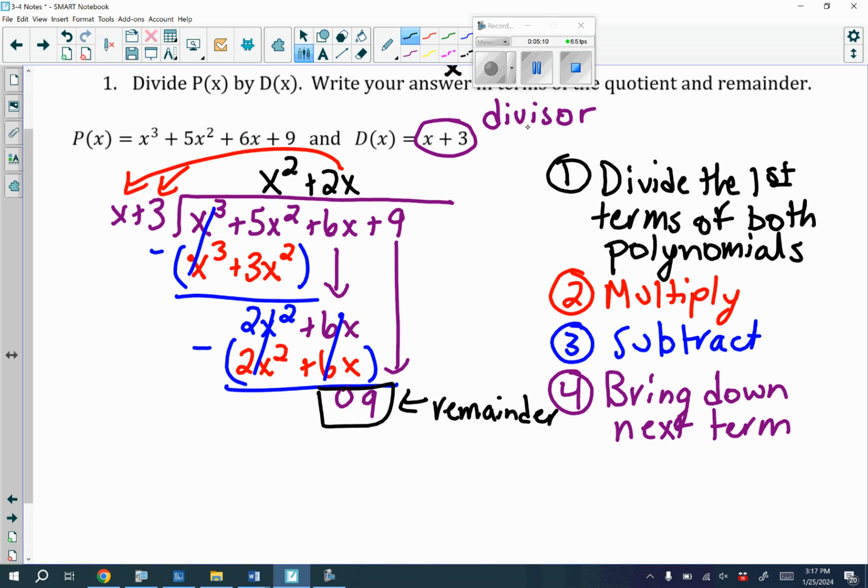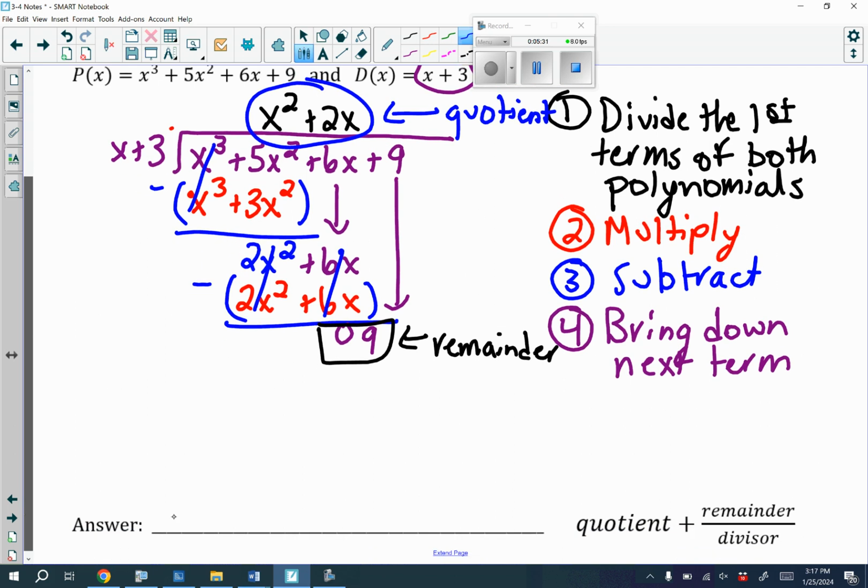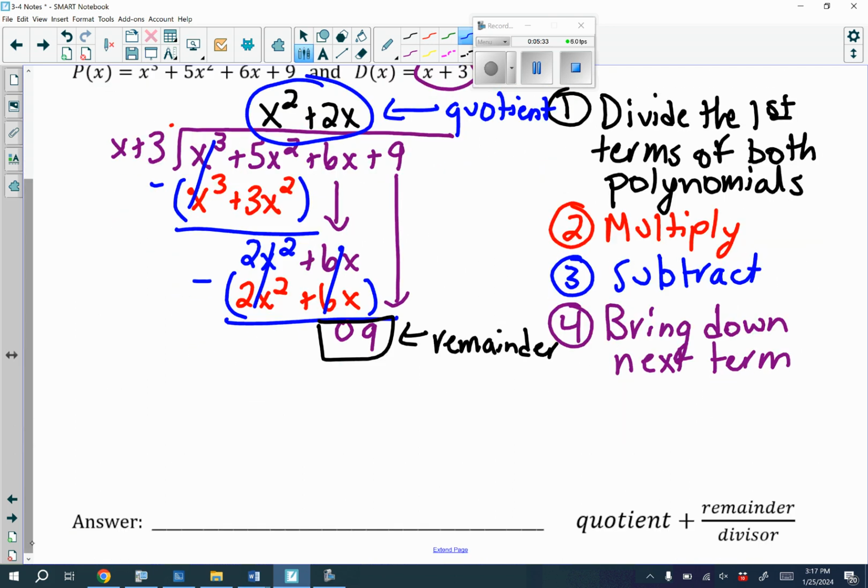Well, what is the quotient then? The quotient is this x squared plus 2x. That is our quotient. Whatever's on top, that's what we use. So how we write this is I have my x squared plus 2x, that is my quotient.